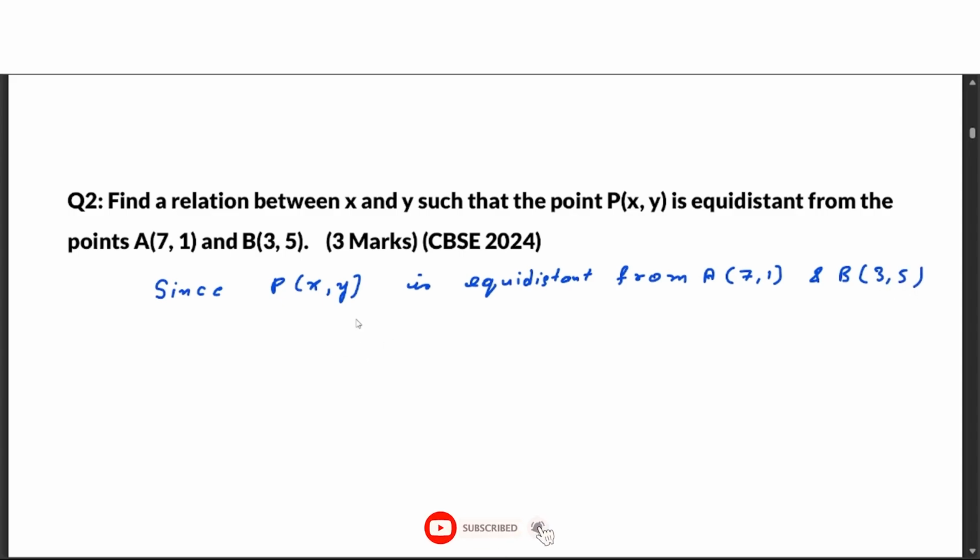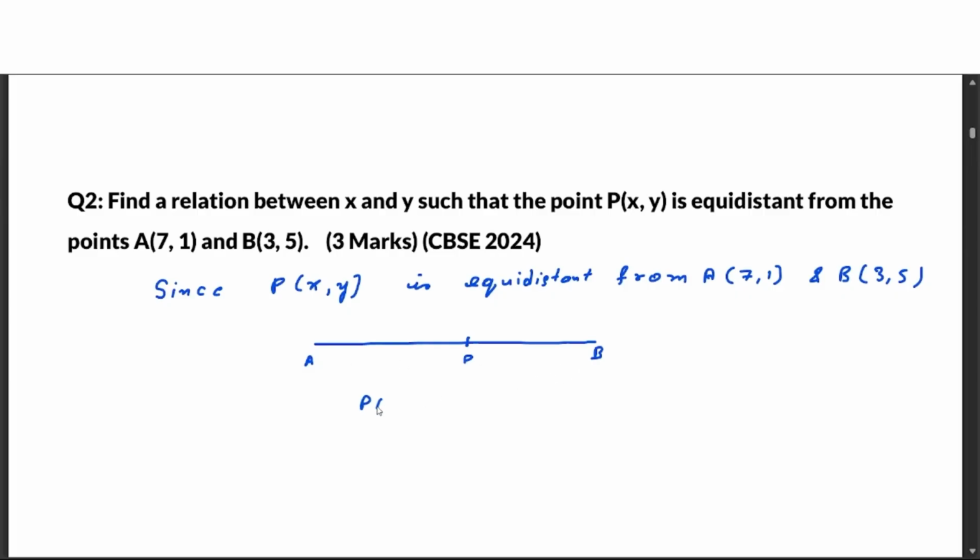Which means P is equidistant from A as well as B. If you want, you can understand it like this: this is your A, this is your B, and this point is P, which means PA and PB are equal.